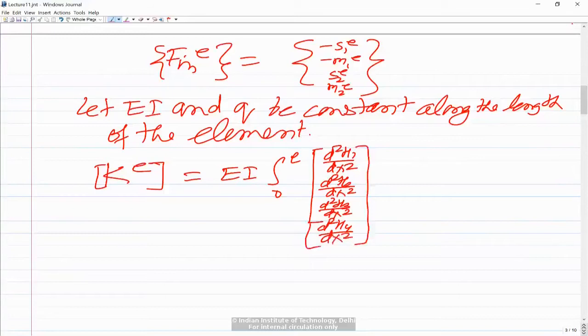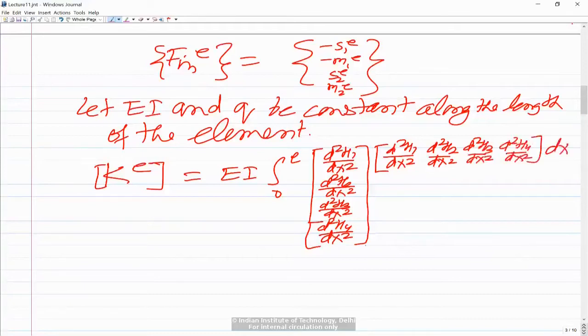So this is B transpose, and B is of course again the same thing, d2h1 by dx square, d2h2 by dx square, d2h3 by dx square, and d2h4 by dx square, dx.